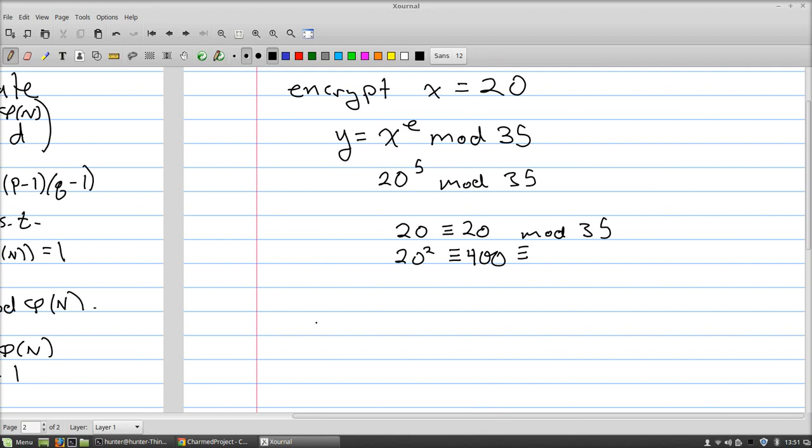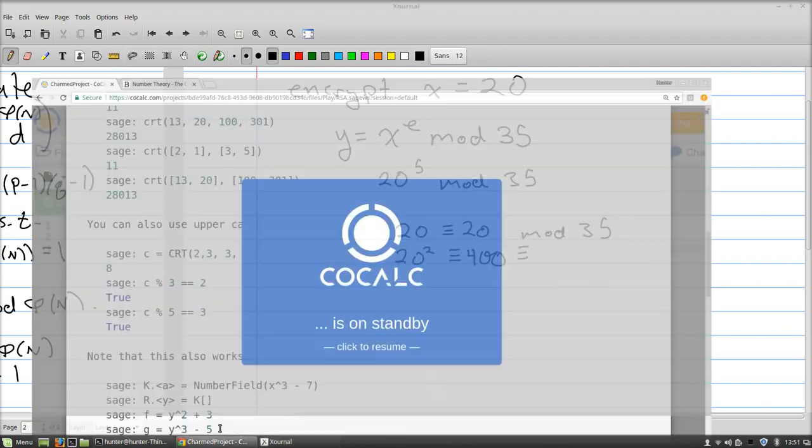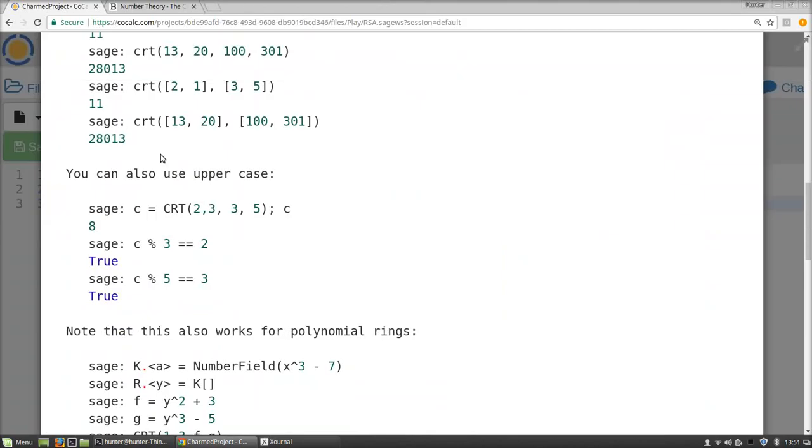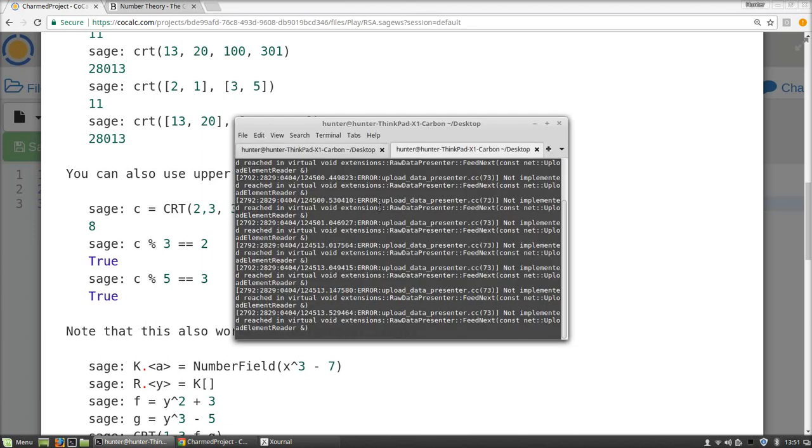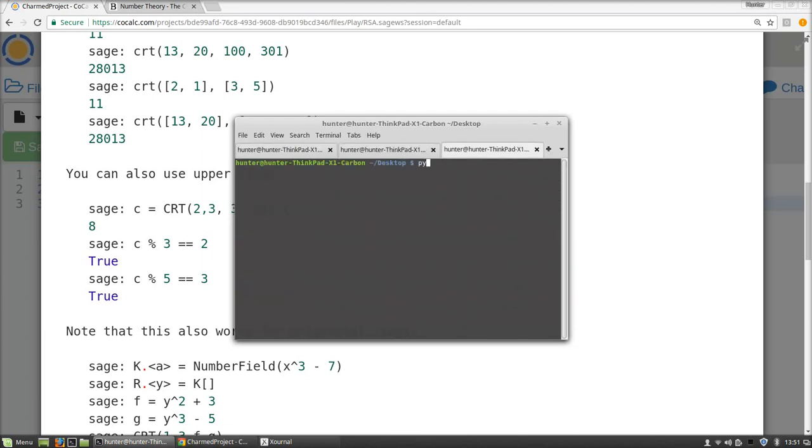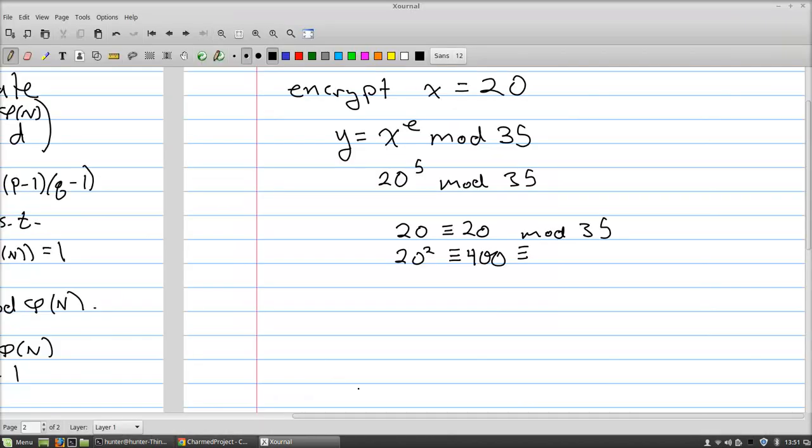I think I might need to use a calculator. 400 mod 35 is 15. Of course, I could have figured that out using a sophisticated technology known as long division. So 15 mod 35.